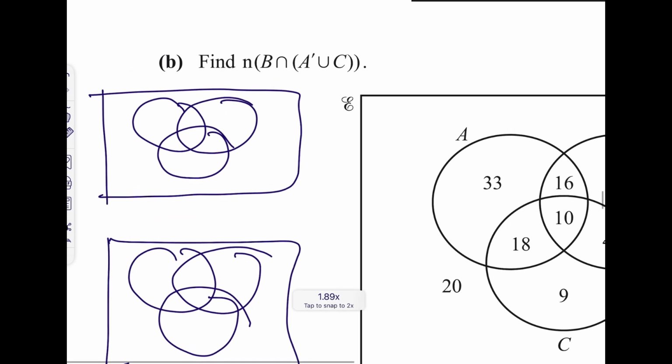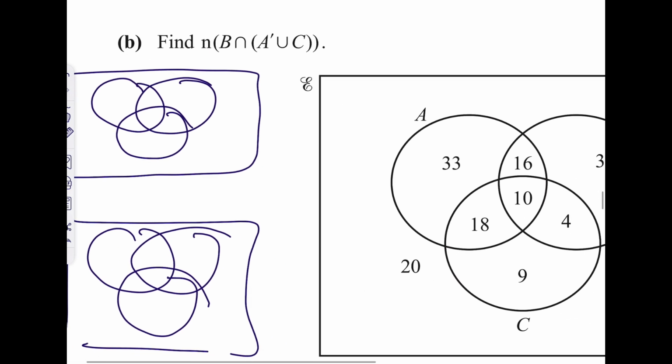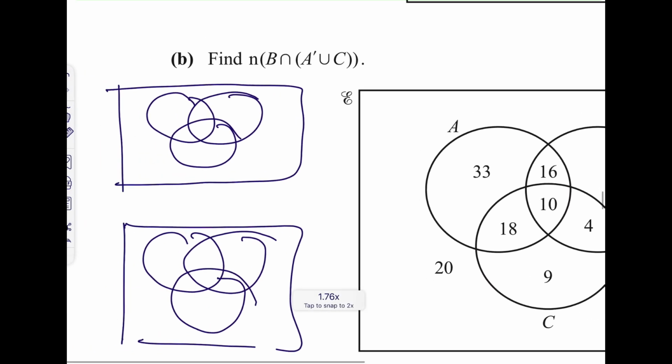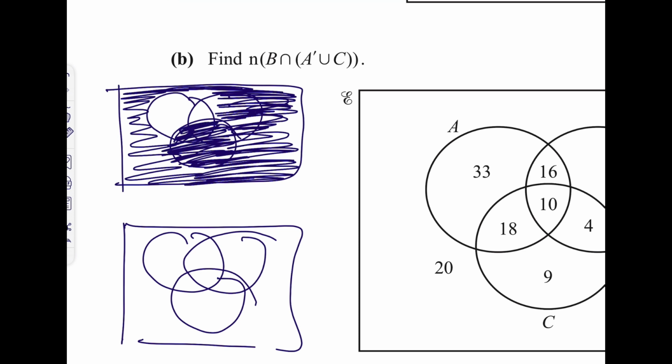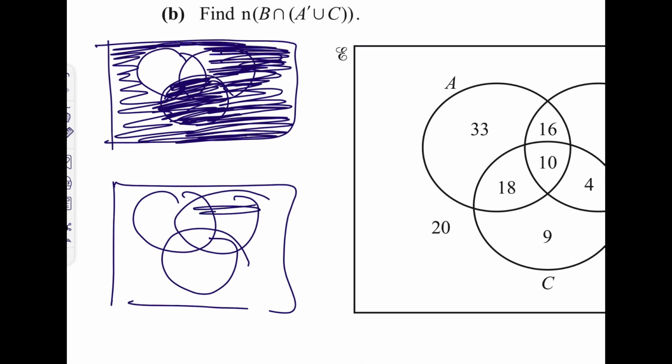So when you do A complement union C, not A, along with which you have to shade C. So not A would involve this part, everything outside. First of all, everything outside, because that's not A. It would involve B as well. And since you're asking us to shade C, I'll shade C as well. That's not A. Alright. Union with C, so we have shaded this union with C. And then you shade B. B is here.